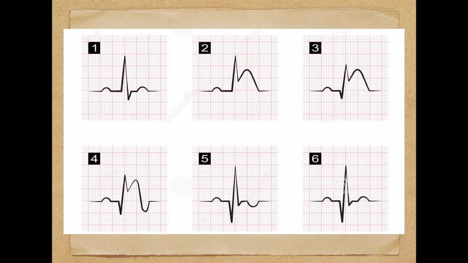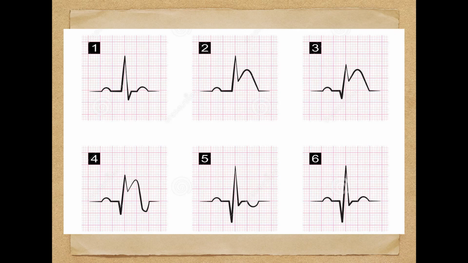Now coming to the other important thing which you see in the emergency department, a heart attack, that is called a myocardial infarction. You can see the series of ECGs from 1 to 6. This is an evolution of the myocardial infarction. Normally when the patient develops chest pain or a myocardial infarction, you can see there is an ST elevation.